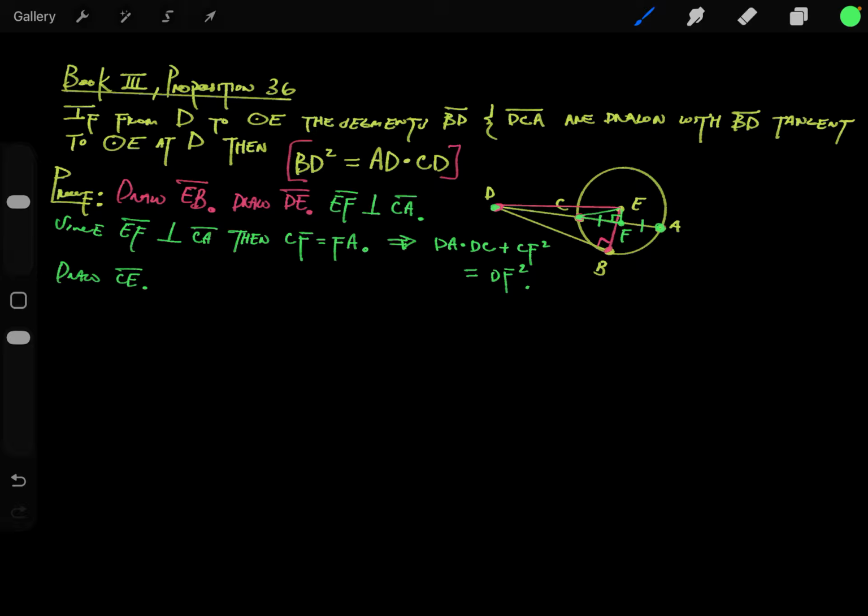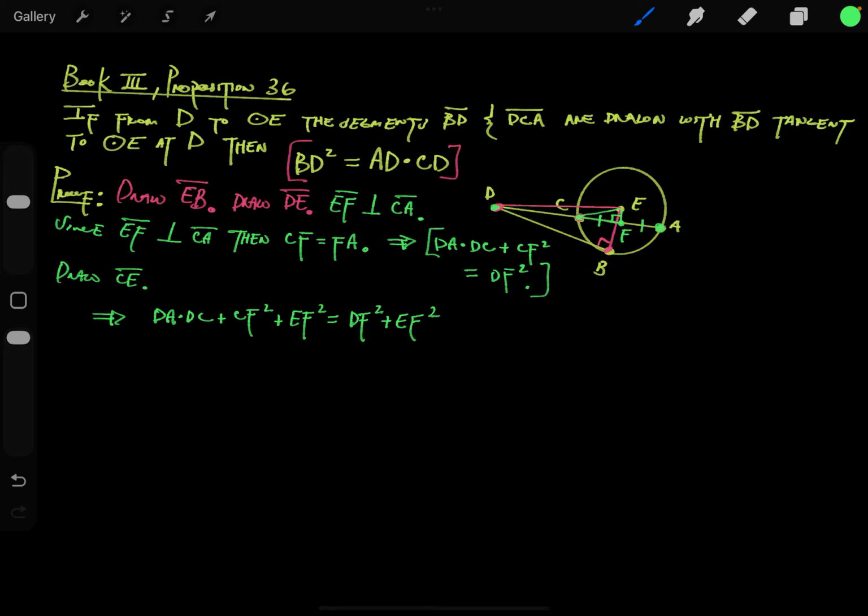Okay, so now what we want to do from this one is add in EF squared on both sides. So I'm going to get DA times DC plus CF squared plus EF squared equals DF squared plus EF squared.